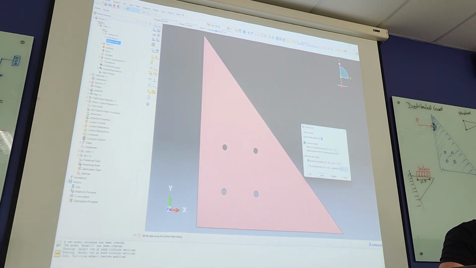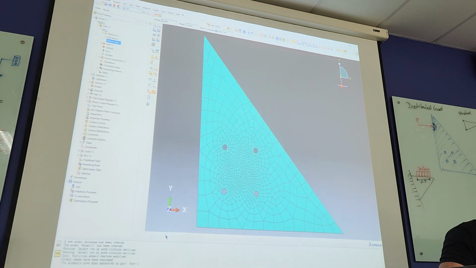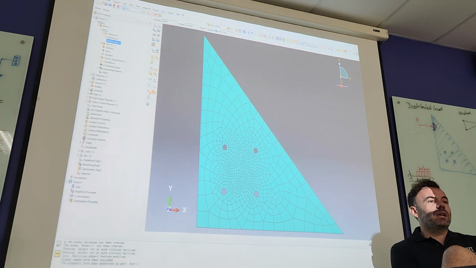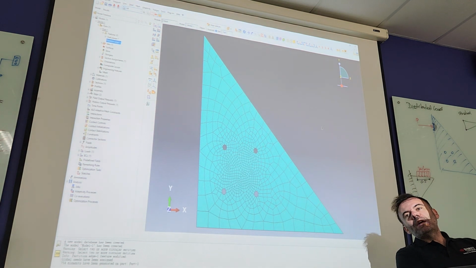And then if you go and seed it, we've got that, which is not good. Why is it not good? Not structured. But it's not always possible to have structure.